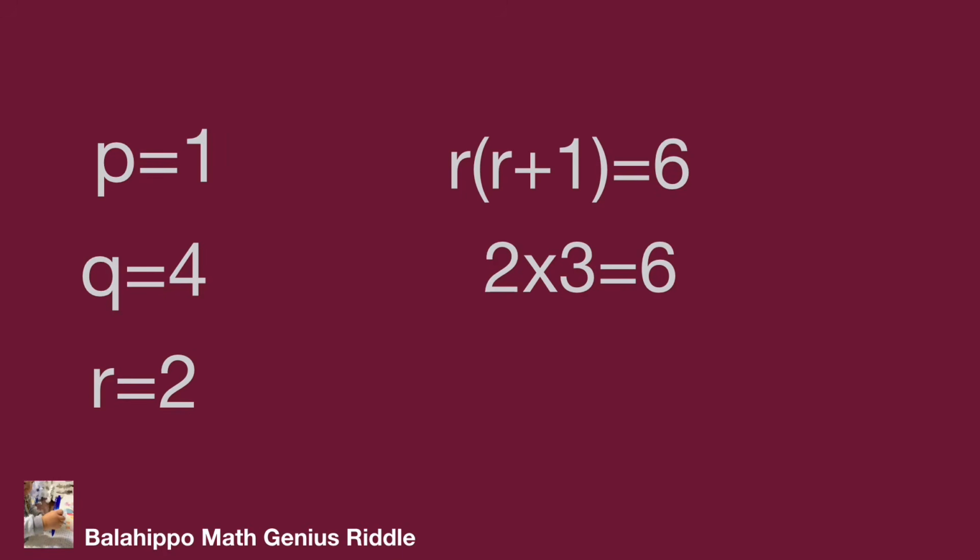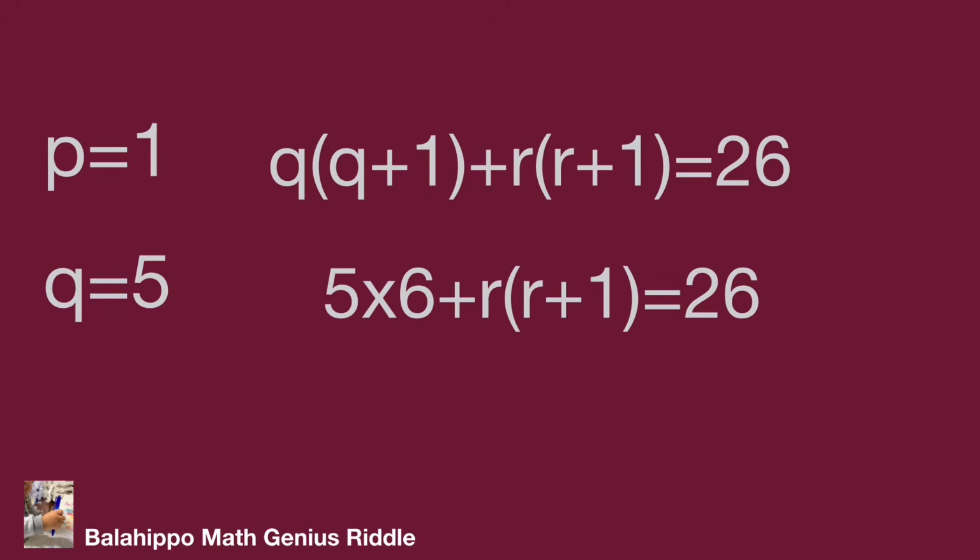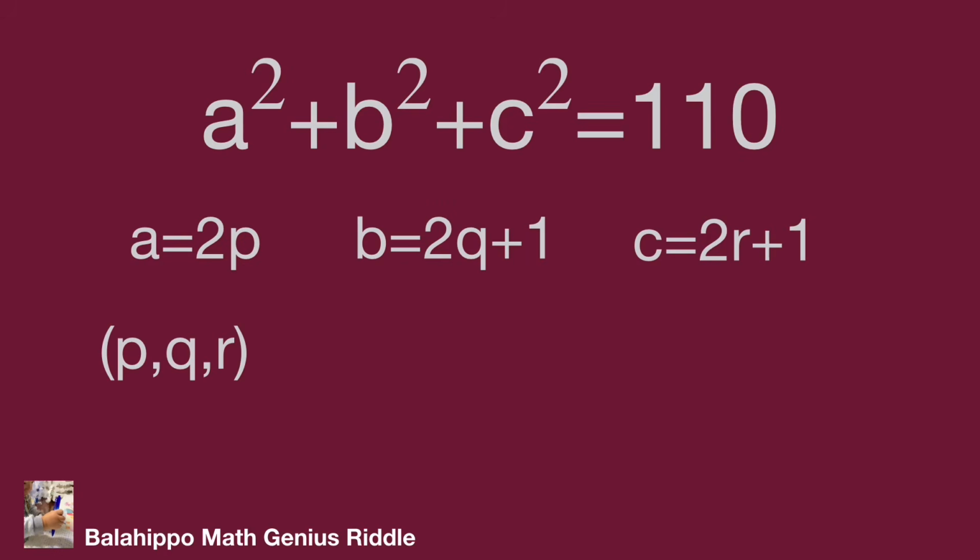It is the solution for PQR and the same as q equals 2, r equals 4. While q equals 5, 5 times 6 plus r times r plus 1 equals 26. R times r plus 1 becomes a negative value. It's not the solution. Now we got the number groups for PQR: 3, 2, 3; 1, 2, 4; and 5, 1, 0.